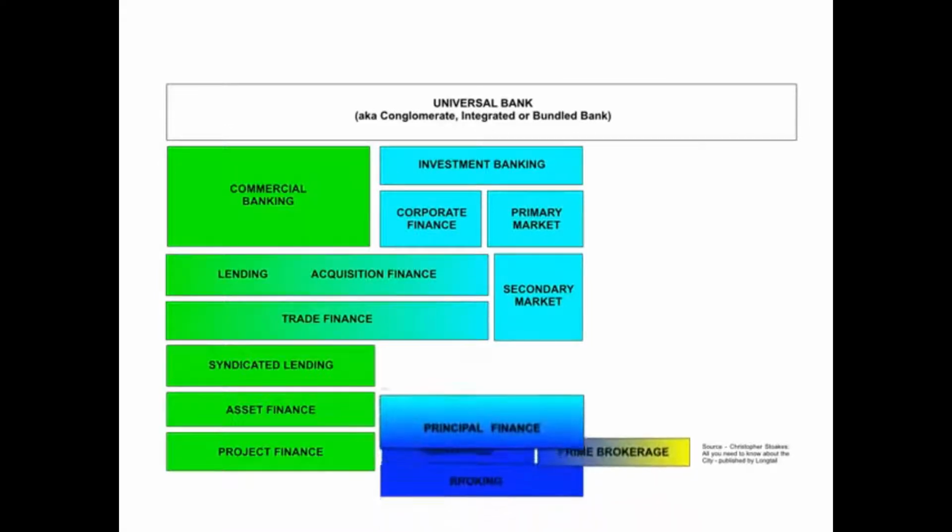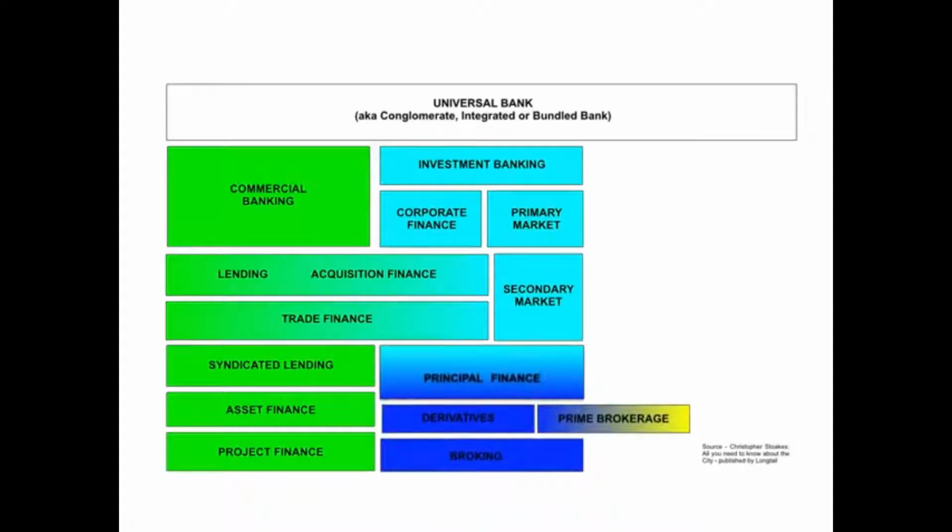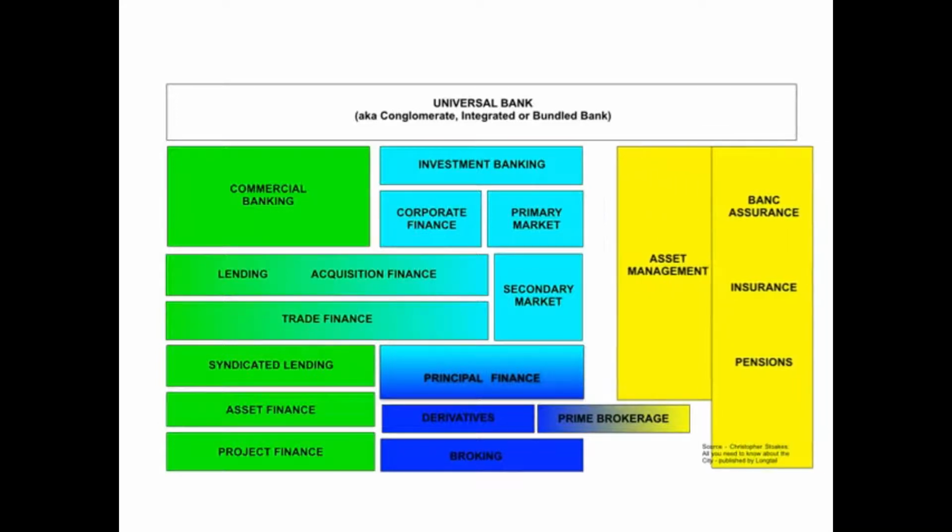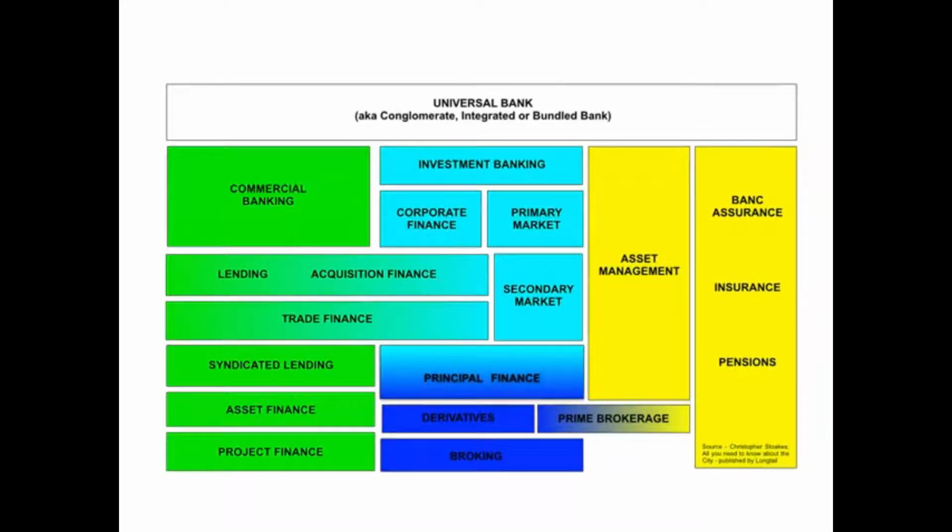The third element is market making, providing derivatives to clients to help them manage risk, broking, the matching of buyers and sellers, and prime brokerage, which involves sophisticated trading systems for hedge fund managers. The fourth element is bancassurance, asset management, also known as investment management, and the provision of pension and insurance services.